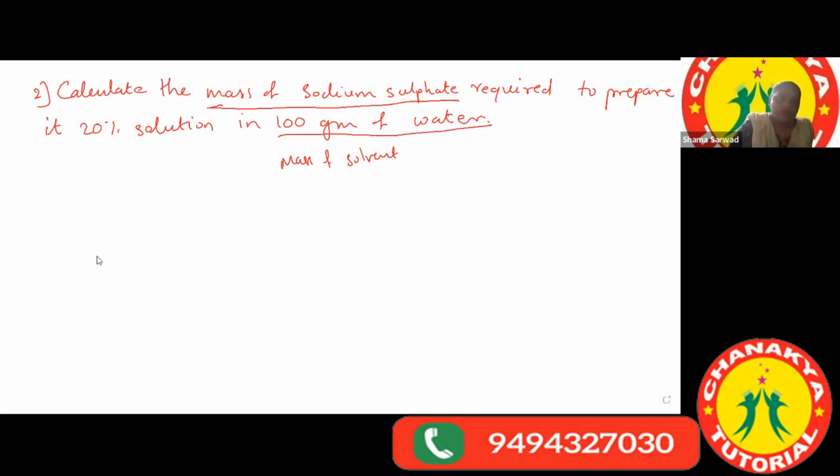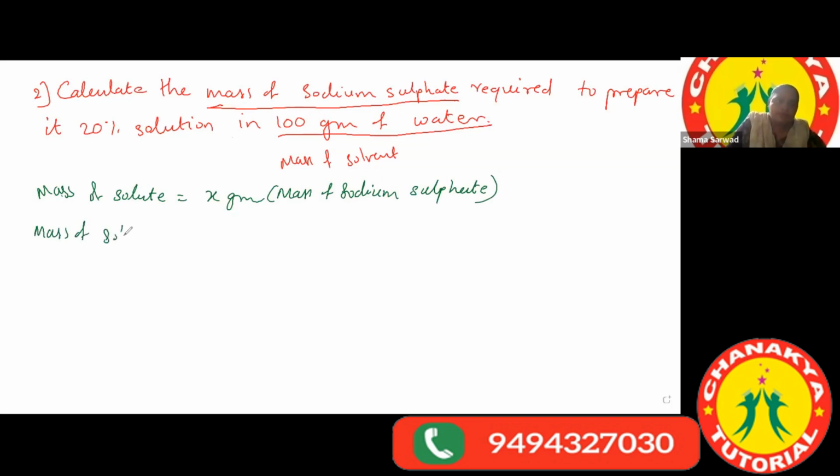So how are we going to solve now? Mass of solute is equal to X gram. You need to assume, okay, because it's not given. This will be mass of sodium sulfate. The next one is mass of solvent, that is equal to 100 gram, right?